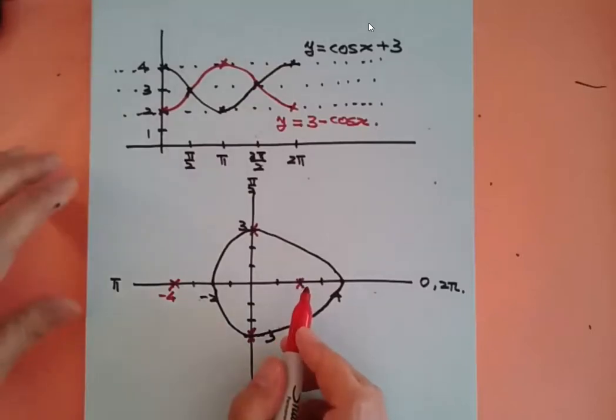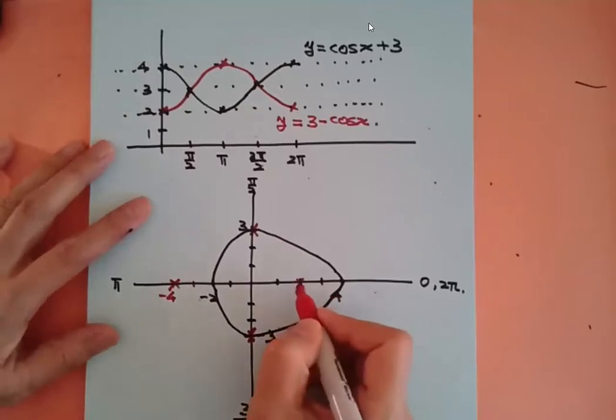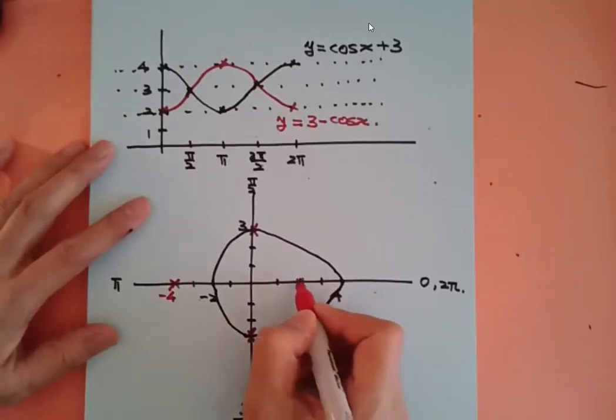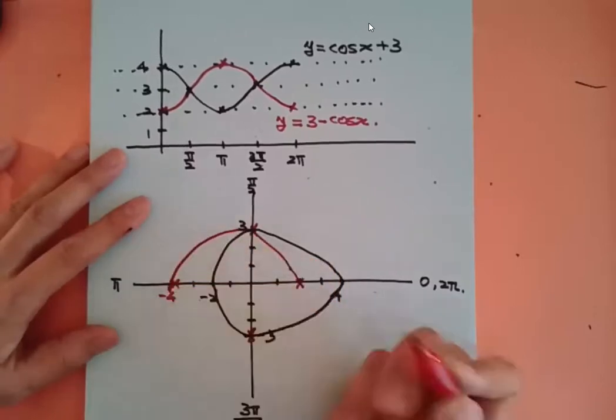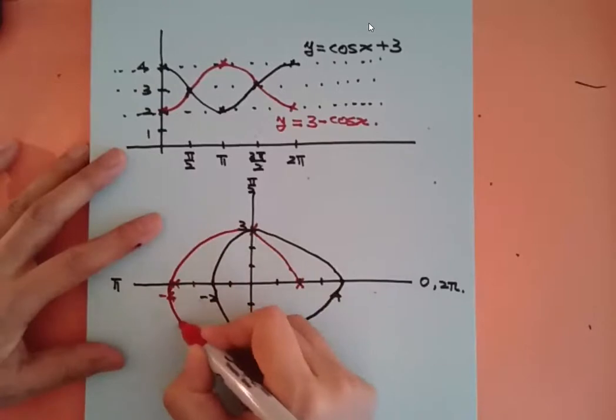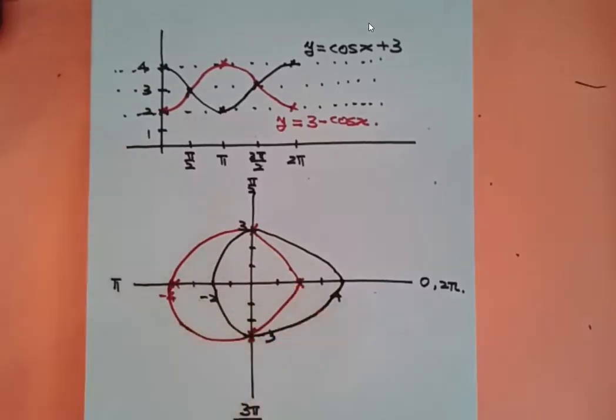So it passes here again. So the other graph looks like this.